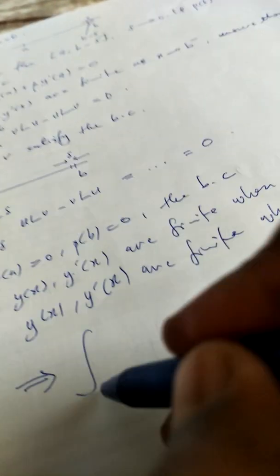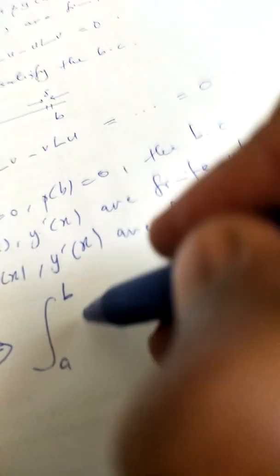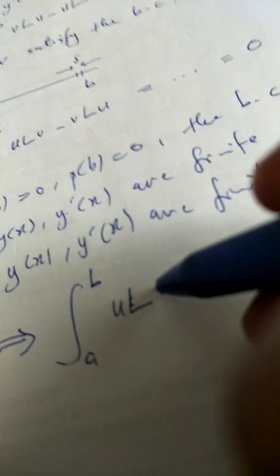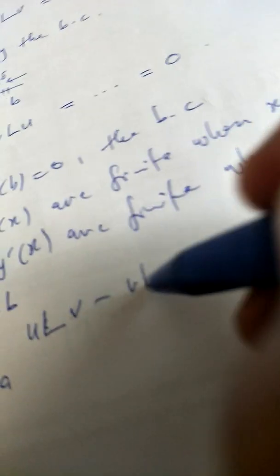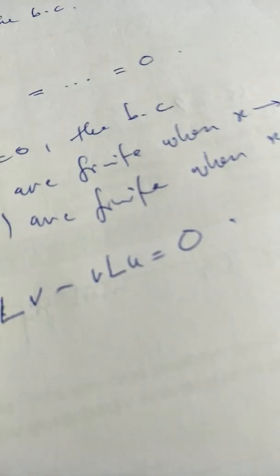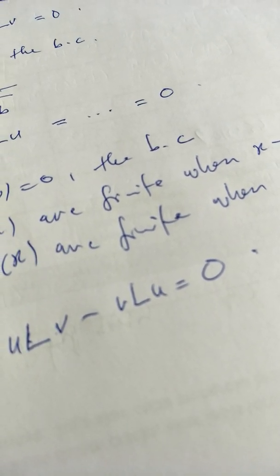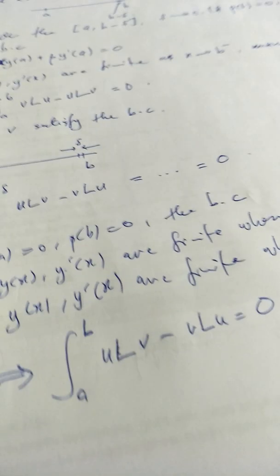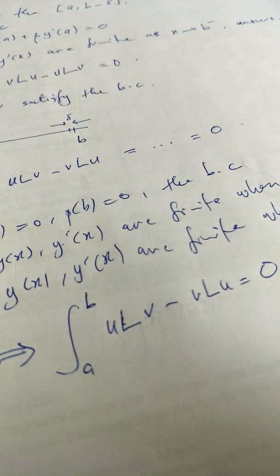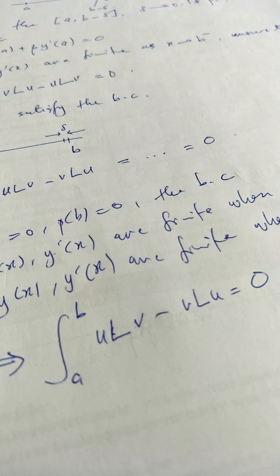Therefore we can ensure that this condition is still satisfied, which means the singular eigenvalue problem can also be made a self-adjoint problem.